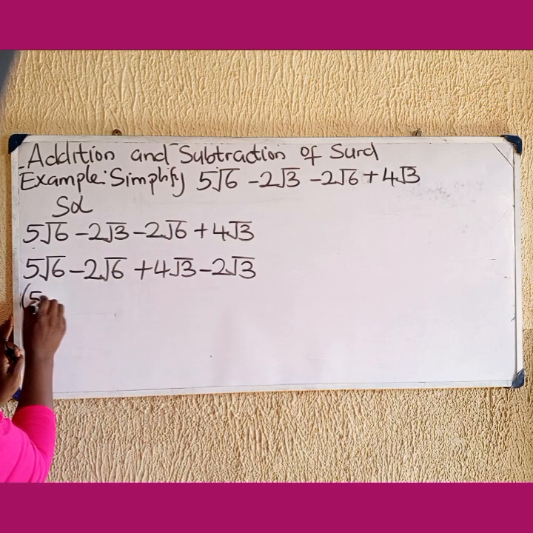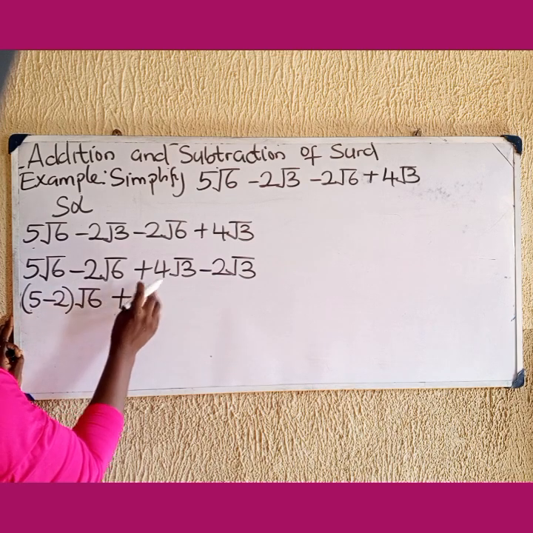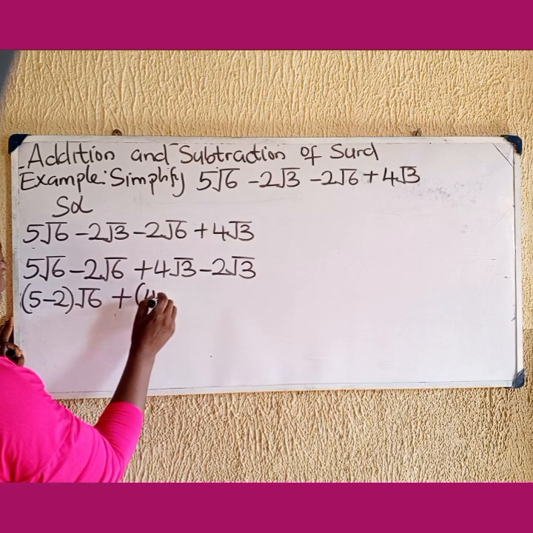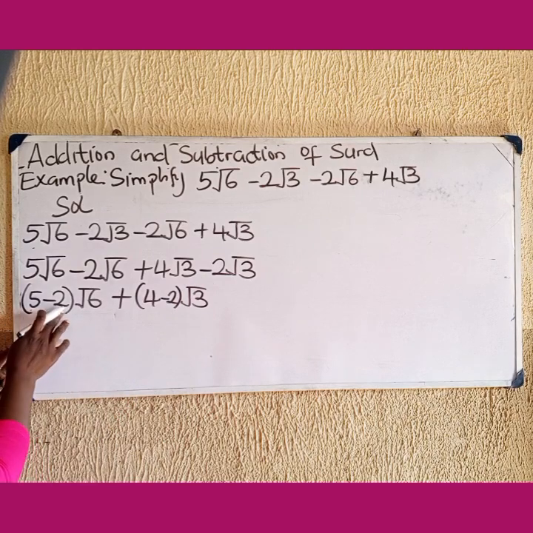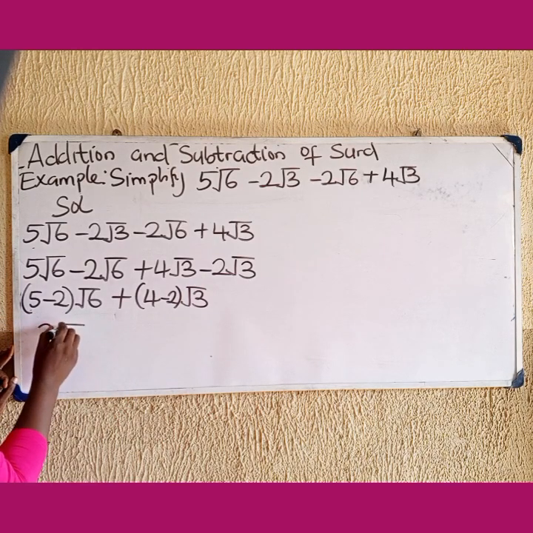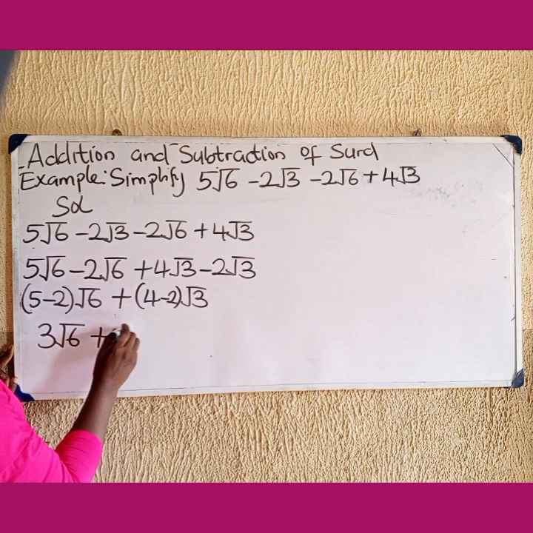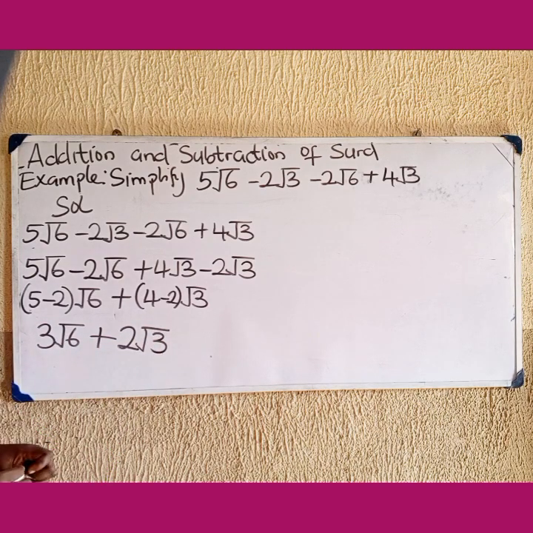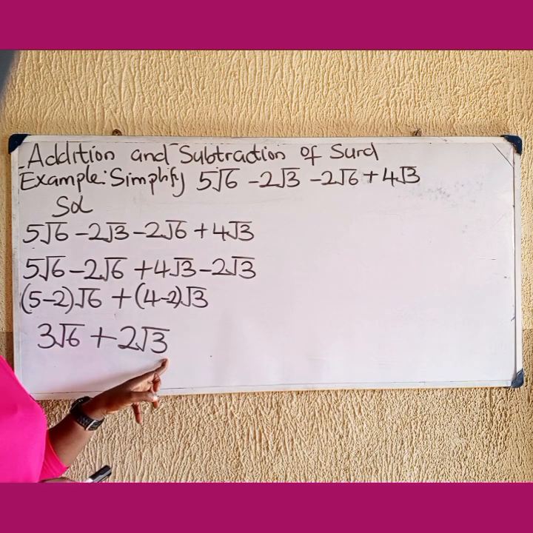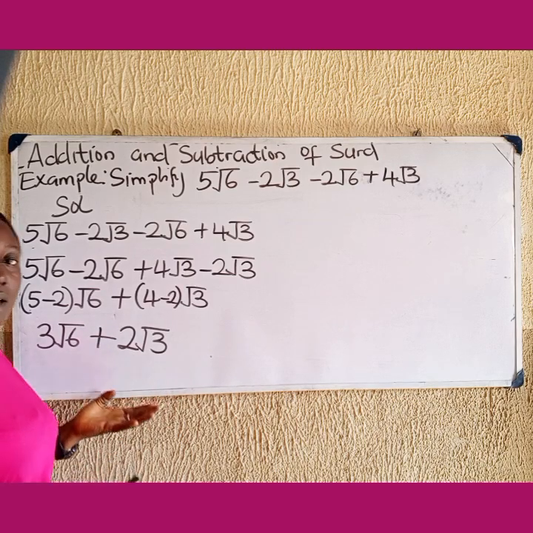So this is 5 minus 2 root 6 plus 4 minus 2 root 3. And 5 minus 2 will give me 3 root 6, plus 4 minus 2 will give me 2 root 3. I cannot go further because this is root 6 and this is root 3. They are not like surds. So I will leave my answer like this.